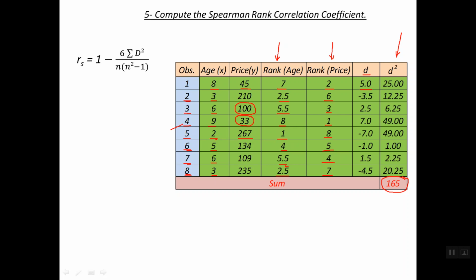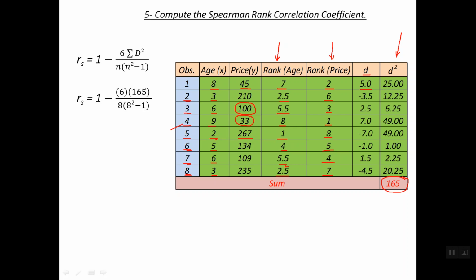The sum of D square represents the sum of the squares of the differences between the ranks, and small n represents the number of observations. We have 8 observations. As you see, the formula for the Spearman rank correlation coefficient is somewhat easy in comparison with the formula for the Pearson coefficient. So this is one of the advantages of using the Spearman correlation coefficient.